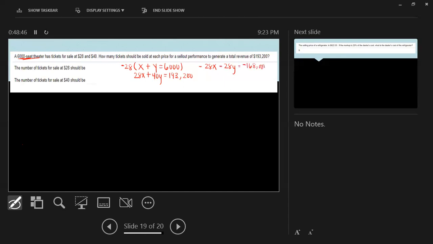All right. Now, that's my first equation. I'm going to rewrite that right here. -28X subtract 28Y is equal to -168,000. Now, the second equation stays the same.